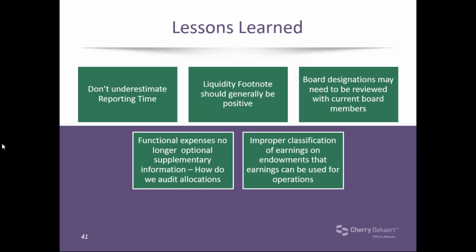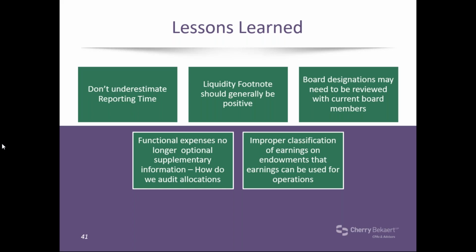One of the implied things with endowments is that whether or not the earnings are restricted, there's an implied time restriction, because those accumulated gains are not subject to use until appropriated by the organization. So you need to look at this to make sure that any unappropriated accumulated gains on endowments, where you can use those funds for operations, stay in net assets with donor restrictions.